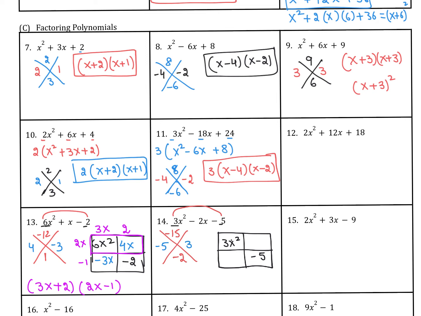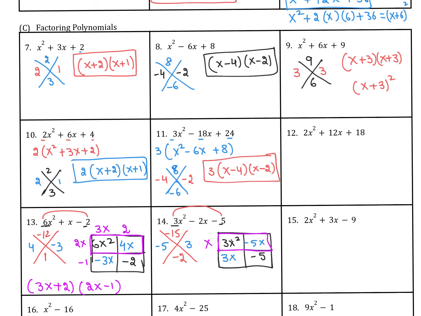And in any order, you write the numbers that you found, and take the GCF of the first row, which is just x.